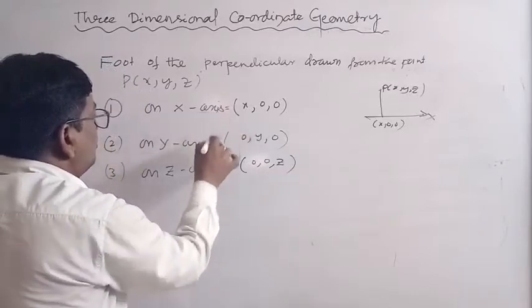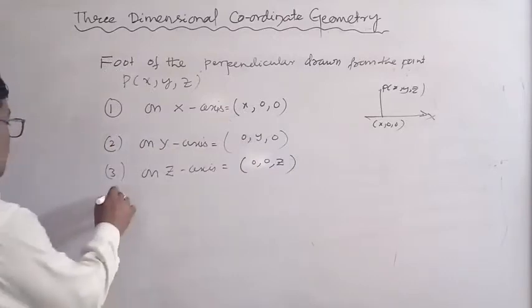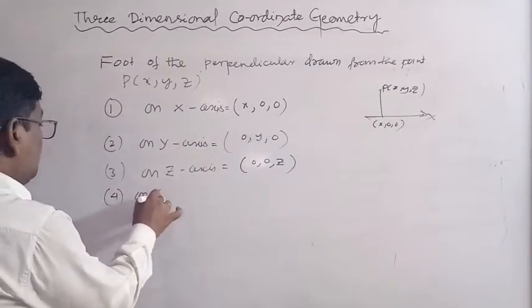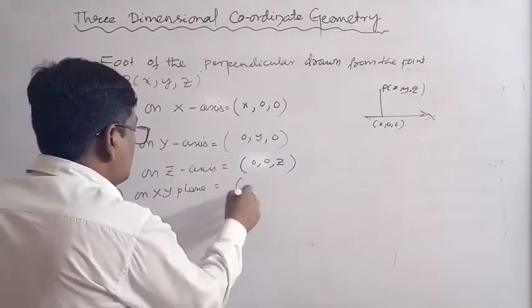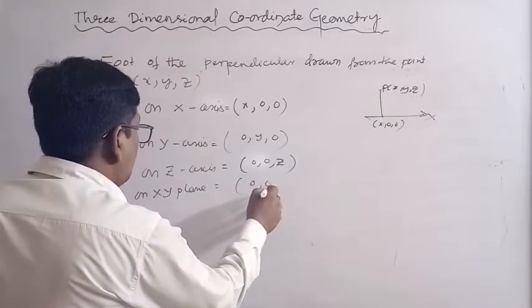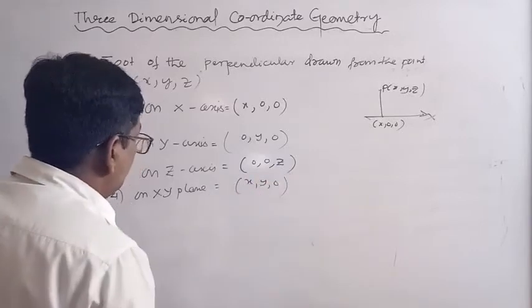Now on the xy plane, the z coordinate is equal to 0, so x comma y comma 0.